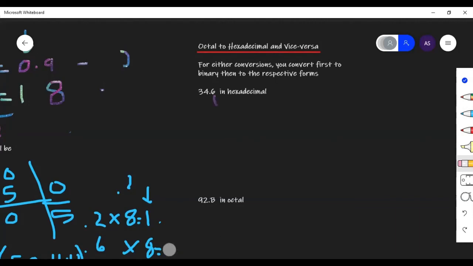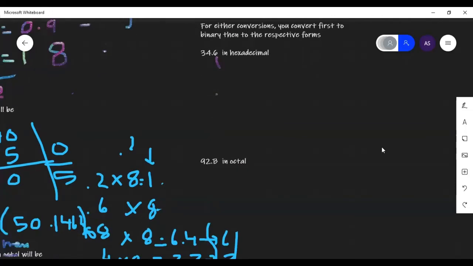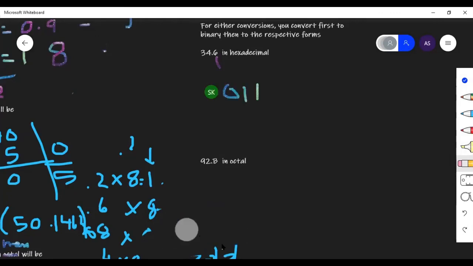So on the right of the decimal point, we have 6. So 6 in binary is 0, 1, 1. Here, 0, 1, 1. 4, which on the left of the decimal, is 1, 0, 0. And before that, we have 3, which is 0, 1, 1.